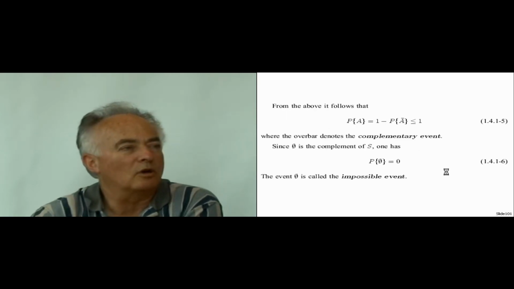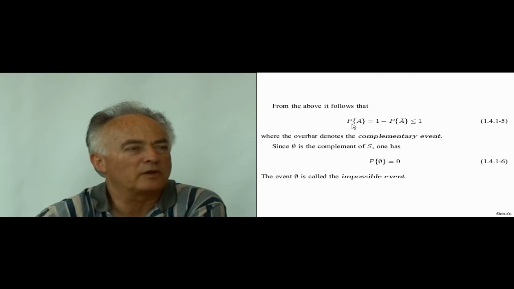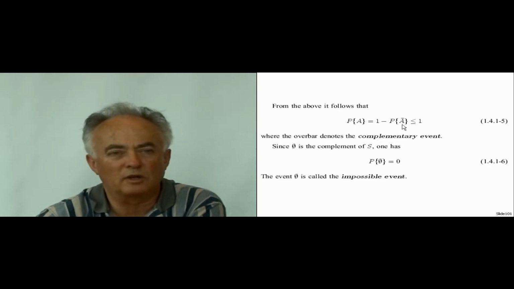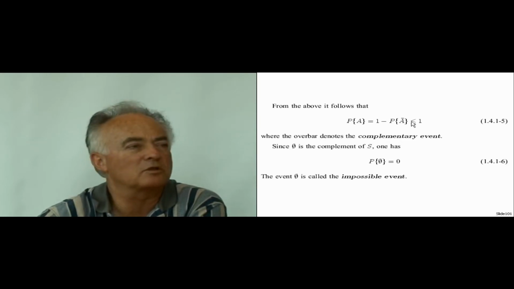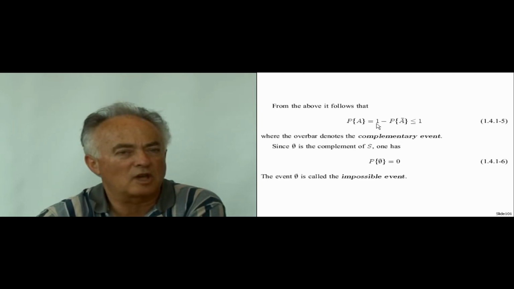From this it follows that if we define A bar as the complementary event to A, P of A is 1 minus P of A bar, which is less or equal to 1, like any probability, cannot be more than the sure event, and must be greater than 0, because their sum is the sure event, and therefore the sum of their probabilities equals 1 in view of the fact that their intersection is empty.